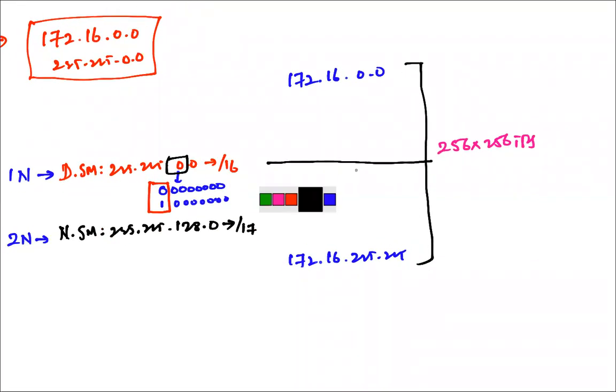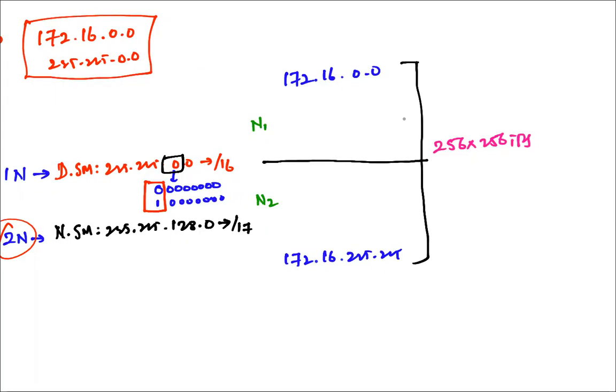Good. Now we just divided into 2, right? If I break this into 2, then we're going to have network number 1 here, network number 2 here. Now what will be the first half? How many IPs are we going to have in this half? 128 into 256. Am I right? Because when you divide this by 2, you get 128 into 256.